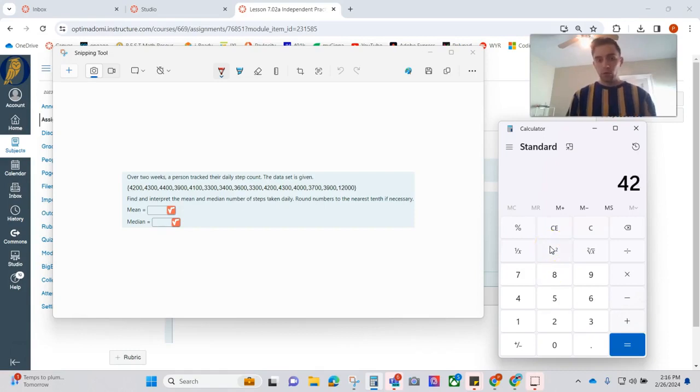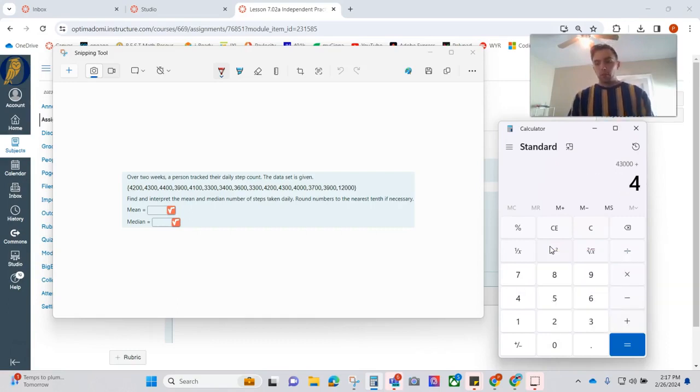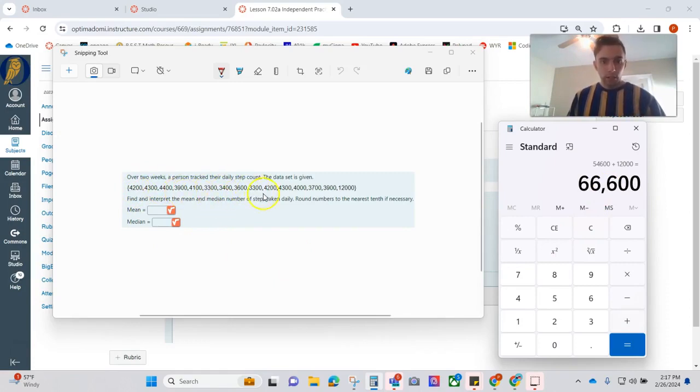So let's add this up. 4,200 plus 4,300 plus 4,400 plus 3,900 plus 4,100 plus 3,300 plus 3,400 plus 3,600 plus 3,300 plus 4,200 plus 4,300 plus 4,000 plus 3,700 plus 3,900 plus 12,000 equals 66,600.